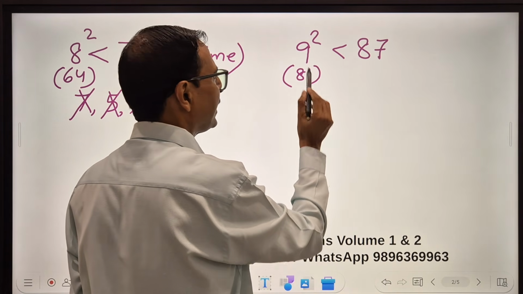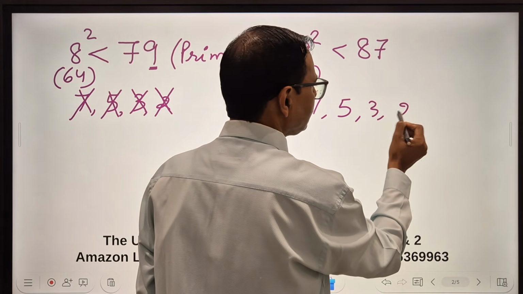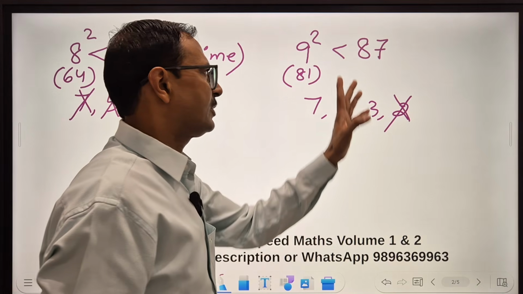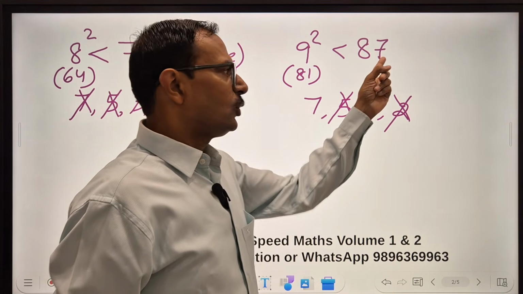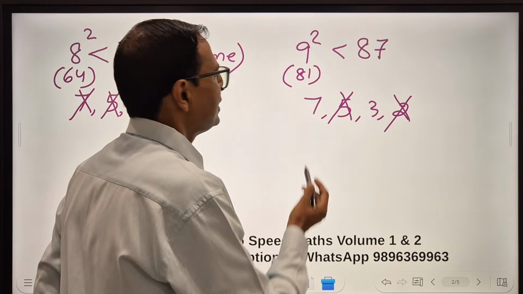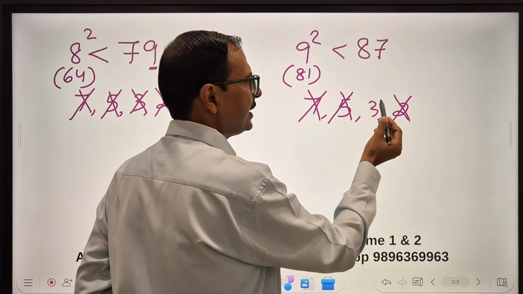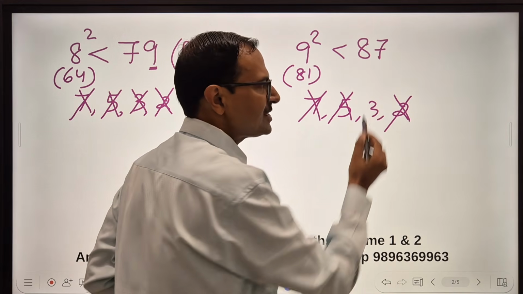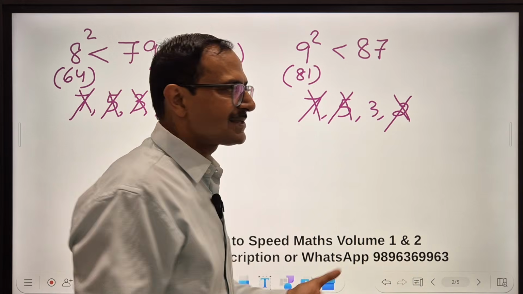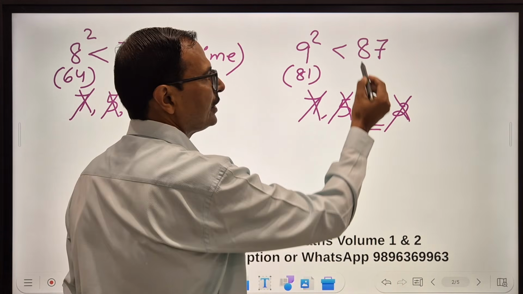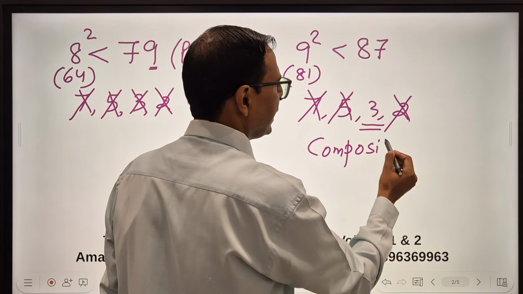And below 9 you again have the same primes, 7, 5, 3 and 2. 2 obviously will not divide 87 because that's an odd number, and 5 obviously will not divide because the unit digit is not 0 or 5. 7 ones are 7, 17, not divisible, so only 3 is left, right? 8 plus 7 is 15, the sum of digits is divisible by 3, and yes, it is divisible by 3, so this number is composite, it is divisible by 3.